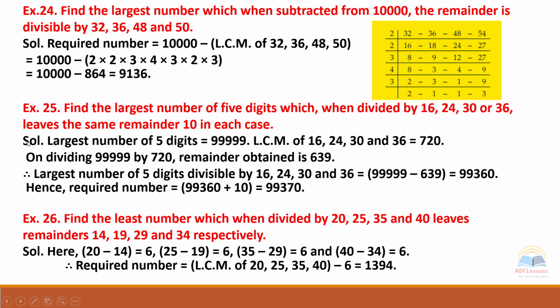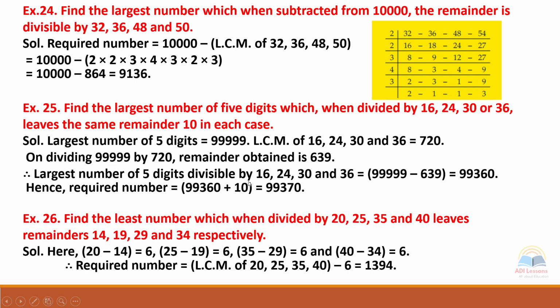Find the largest number of 5 digits which when divided by 16, 24, 30 or 36 leaves the same remainder 10 in each case. Largest 5-digit number we know is 99,999. LCM of 16, 24, 30 and 36 is 720. On dividing 99,999 by 720, remainder obtained is 639.